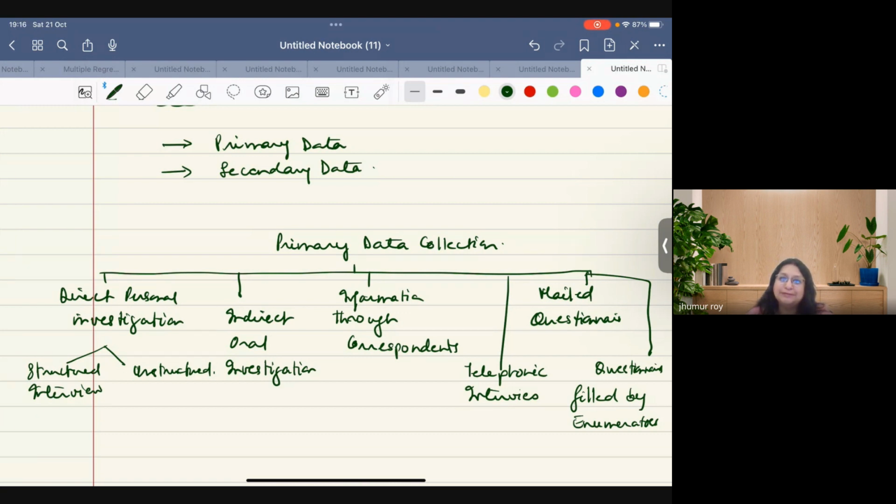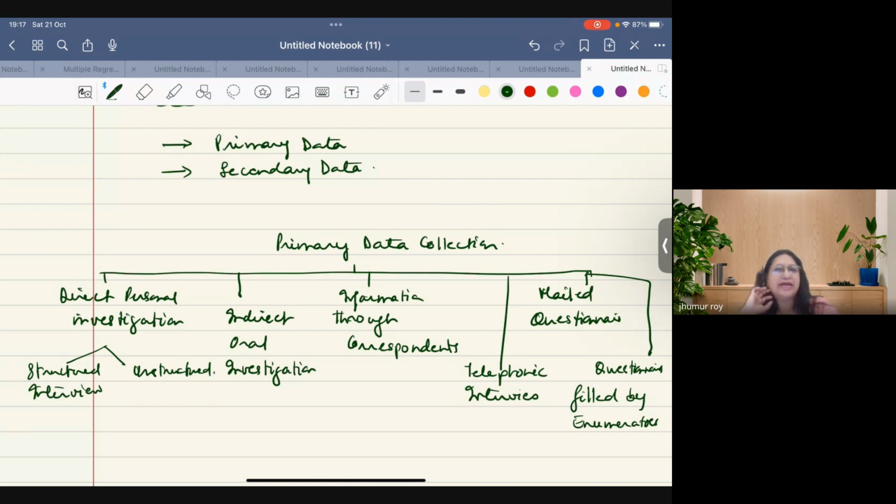Especially if your sample size is small, meaning you don't have so many people, this is the best method to use. But suppose there are around 3,000 or 4,000 people that you want to take a sample of. Is it possible?